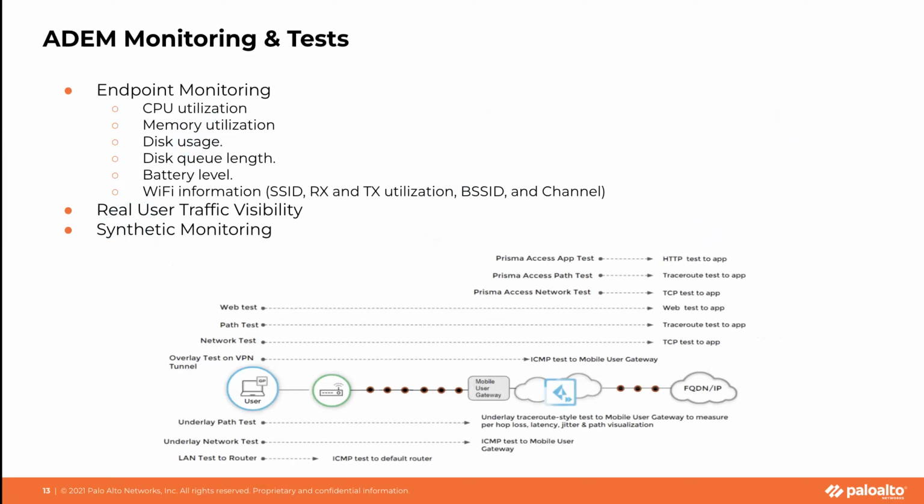ADEM uses a variety of monitoring techniques to determine the baseline performance levels and alert you to changes in the performance that lead to degrade user experience. ADEM is only supported right now in the Global Protect as well as the remote networks. When the VPN is connected to the Prisma Access, it gives you endpoint monitoring, CPU utilization, memory utilization, disk usage, battery levels, Wi-Fi information, SSDs.